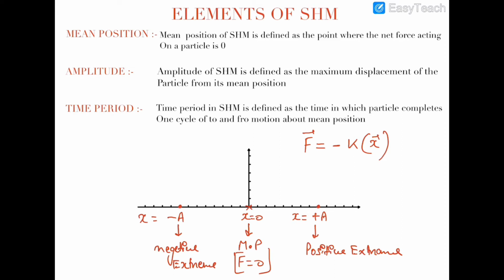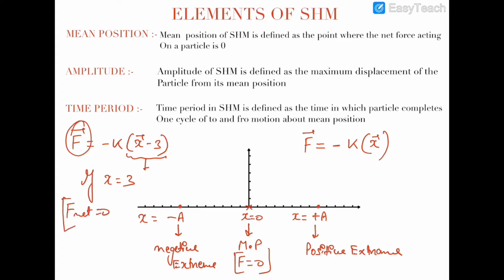Suppose the force was given as F = -kx - 3. In this case the mean position would be a point where this force would be 0. So if x is equal to 3, then the net force will be 0. So x is equal to 3 would be the mean position in this motion.